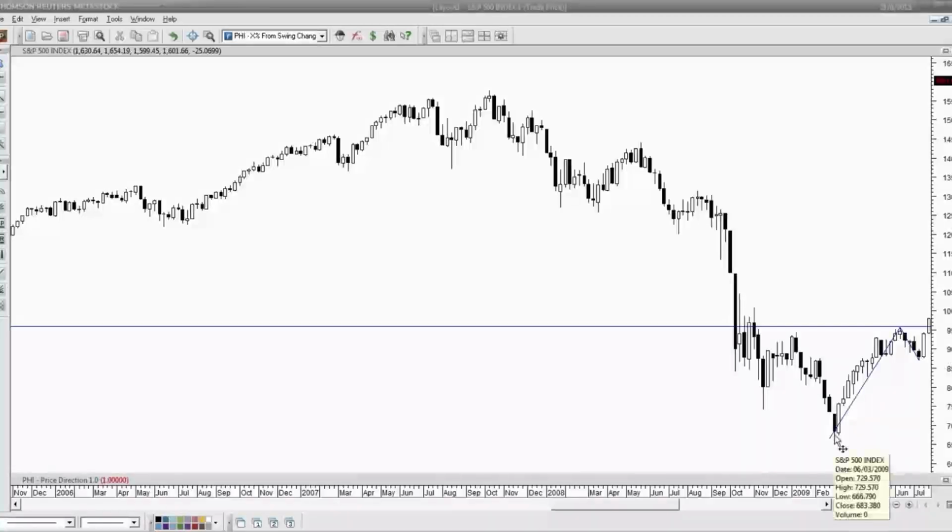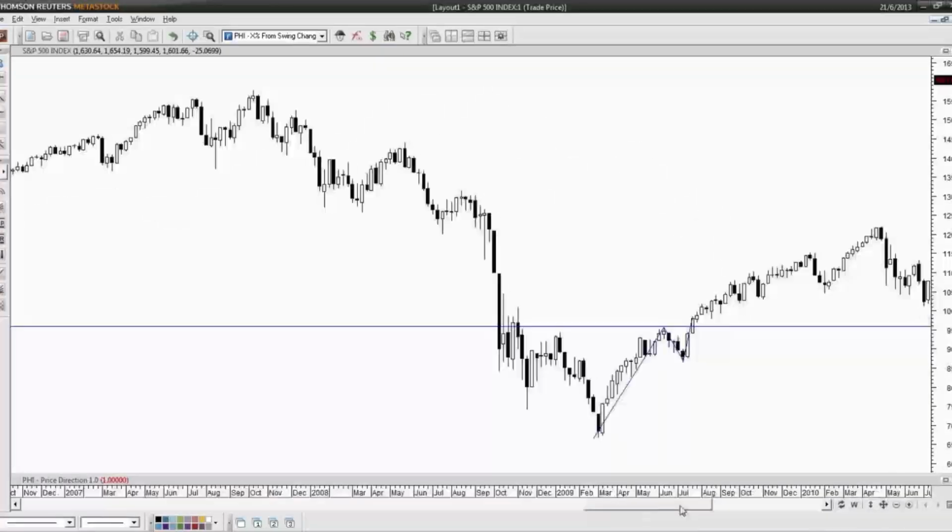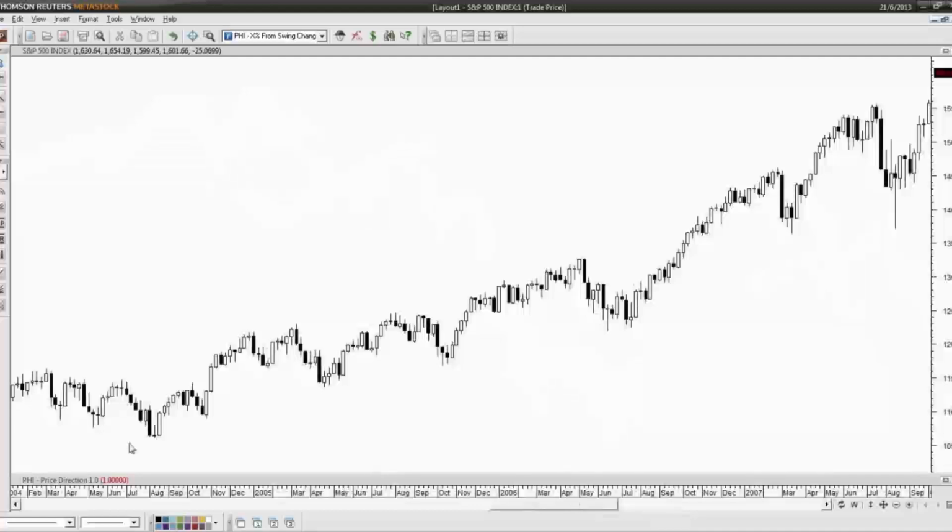Okay, so continuing here we have the completion of our failure swing to go long, and we buy. Now on the flip side, over here we had an uptrend. Yes, we have a bottom, a top, a bottom, a top, a bottom, a top, a bottom.